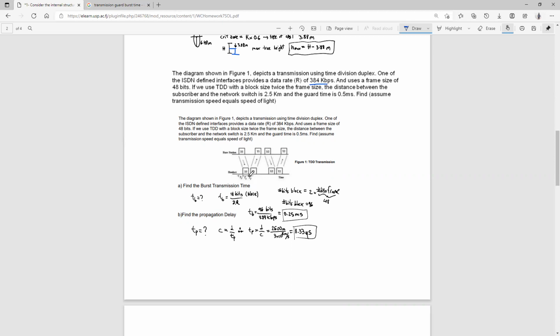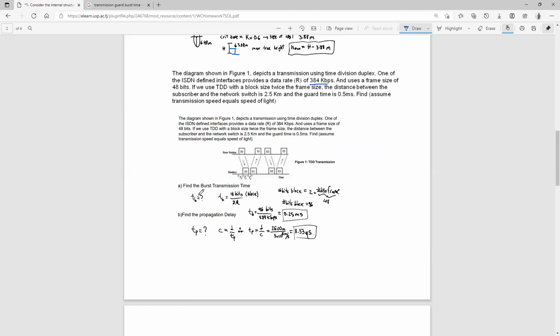The burst time is the time for one block of data to be transmitted. It is given by the number of bits in that block divided by the data rate. The number of bits is 96 bits. Remember, it is given in the question: it is twice the frame size, and the frame size is 48 bits, so each block is 96 bits long.